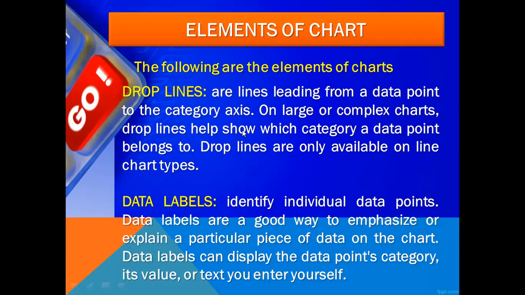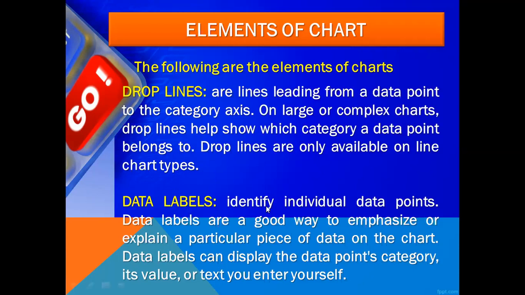Drop lines help show which category a data point belongs to. Drop lines are only available on the line chart type. Next is the data label. What is a data label?